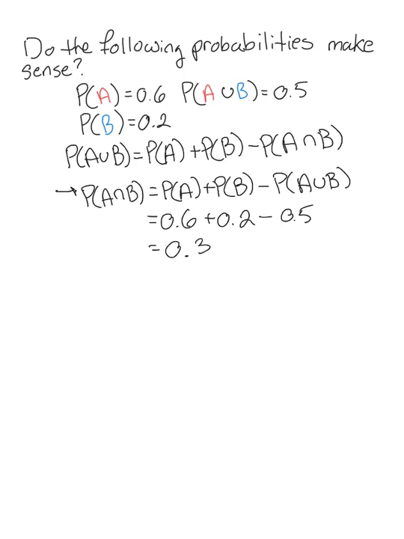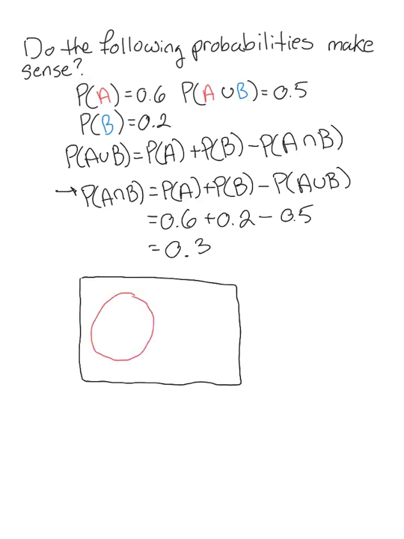So now that we have this piece of information, we can construct some pictures to explain why this doesn't make sense. Okay, so we have a couple situations to deal with here. So we can draw the following situation. So let's say we have A over here and B over here.